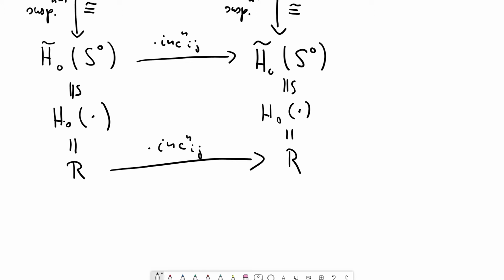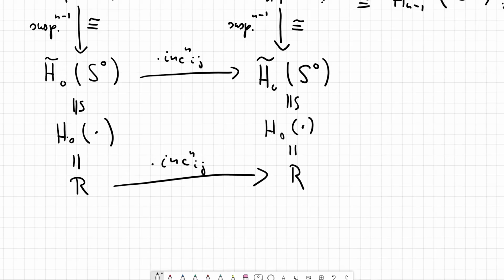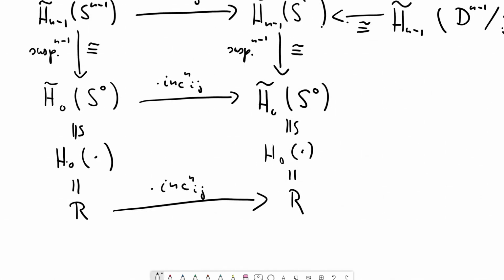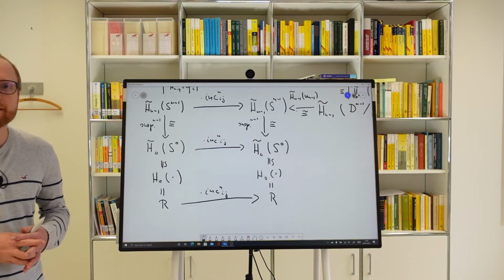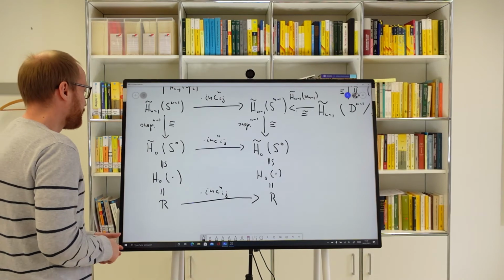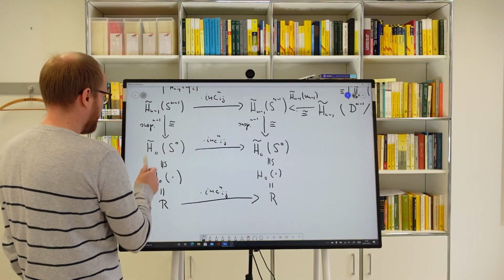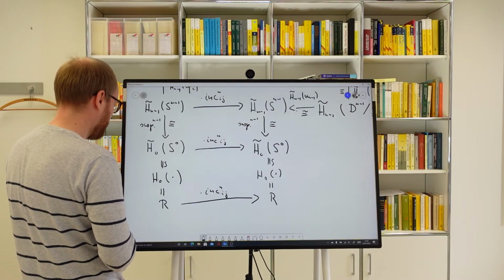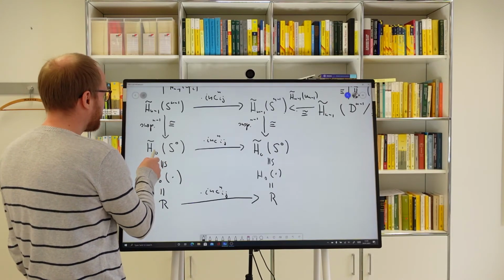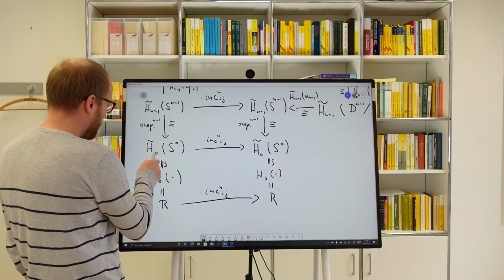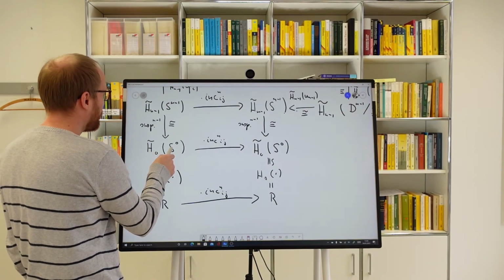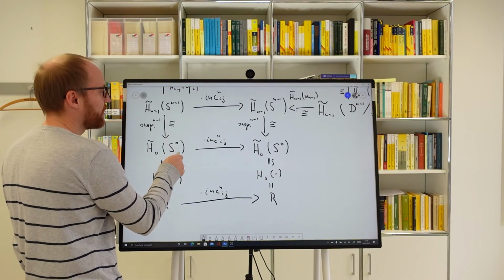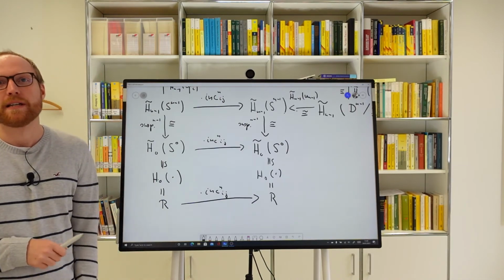So the isomorphism between H_0 of the point and reduced H_0 of S^0 is, what's the map? Given by inclusion of the point to 1, or is it another map? So what I wanted to say is I first take the isomorphism from reduced homology of S^0 to unreduced homology of S^0 relative to a point.